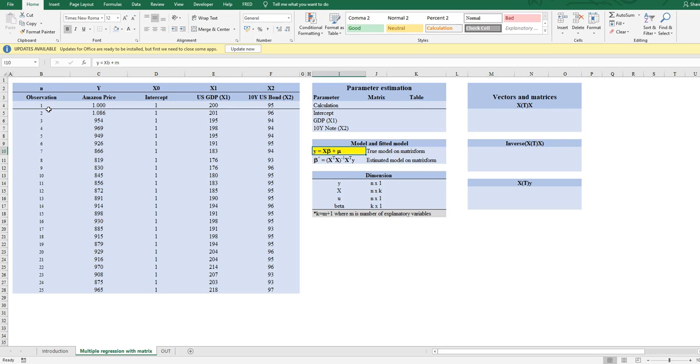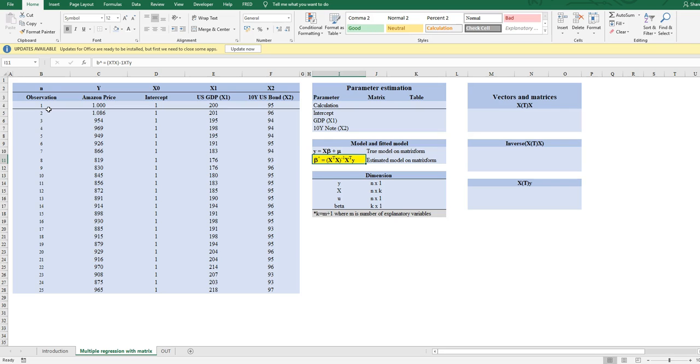So when you take expectations to this expression, you'll see that the noise goes out, and when we minimize the squared residuals, which is the idea in ordinary least squares, we get this expression.